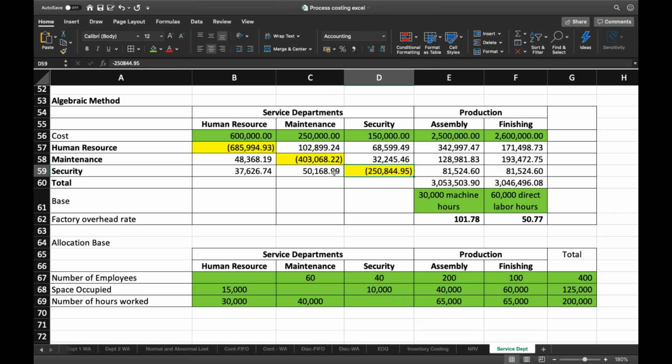For maintenance, that's 40,000 divided by 200,000 times 250,844. That's 50,168. So you do the same to assembly and finishing, and then you add up. For assembly, we have 3,053,000. For finishing, that's 3,046,000. Divide it by the base, 30,000 and 60,000, and you will arrive at the predetermined overhead rate of 101.78 and 50.77.